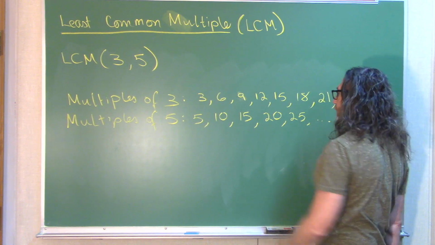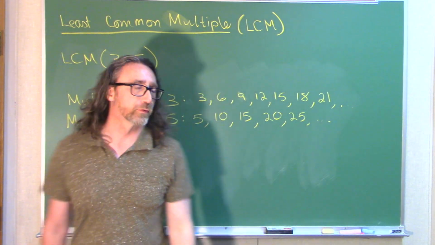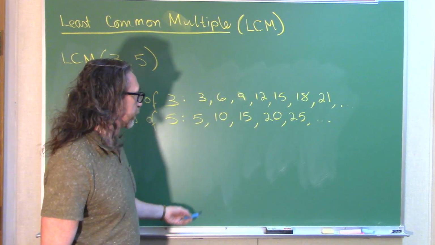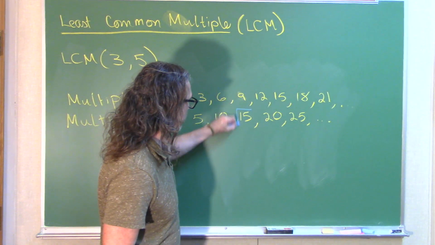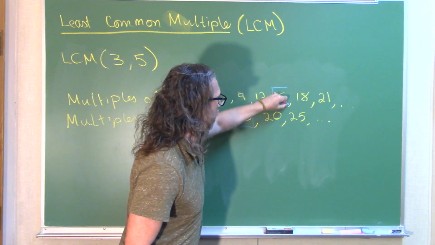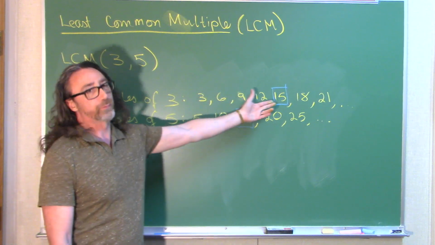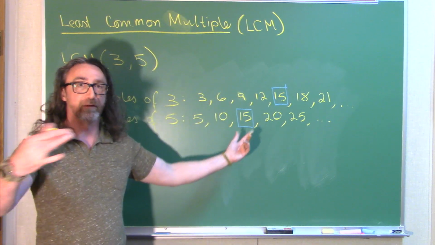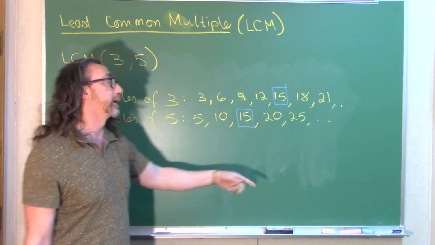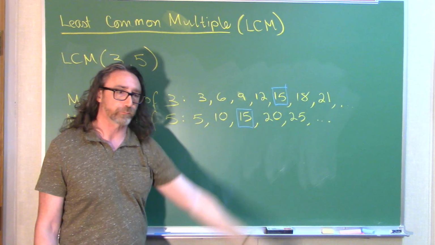And we could keep on going. Now notice that 15 appears on both lists. So that is a multiple of 3. It is also a multiple of 5. They have that in common. It is a common multiple.